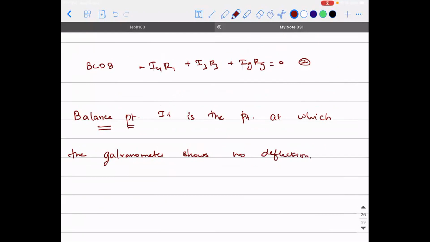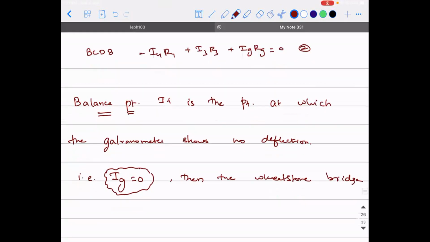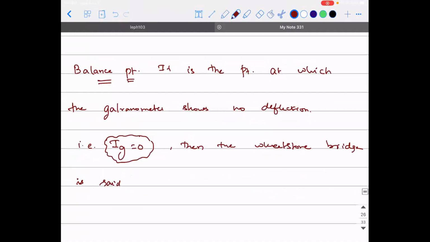When this is achieved, then the Wheatstone bridge is said to be balanced. Am I clear?